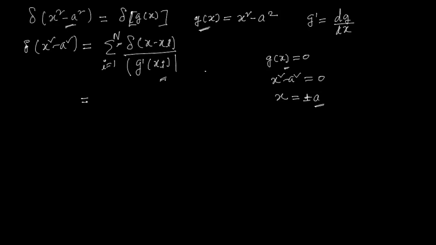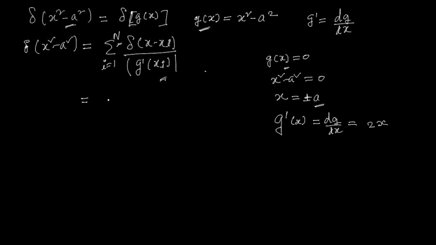So how we can write this? Before that, we also have to find the first derivative of g(x), that is dg by dx. What we'll get here is 2x. Now if we put the value of xi here, in this case xi is plus a and minus a.